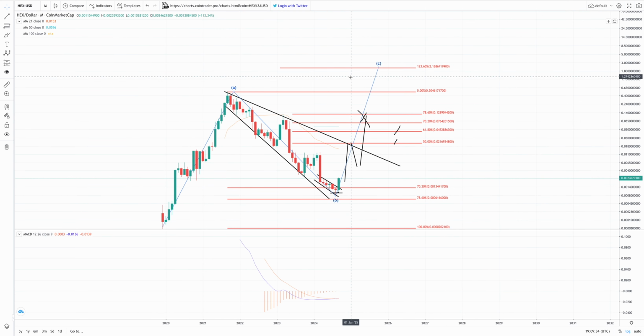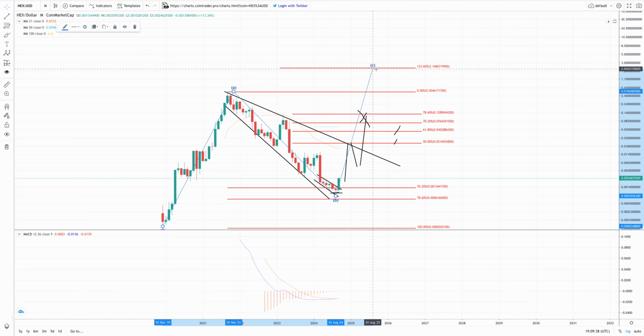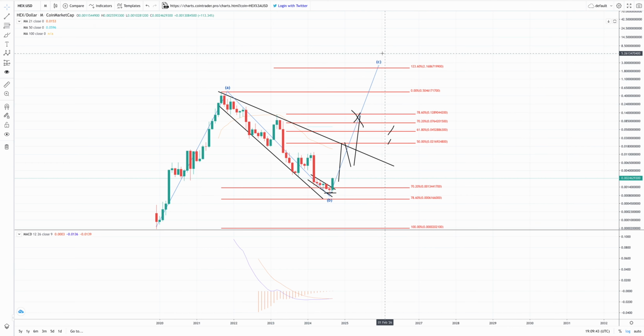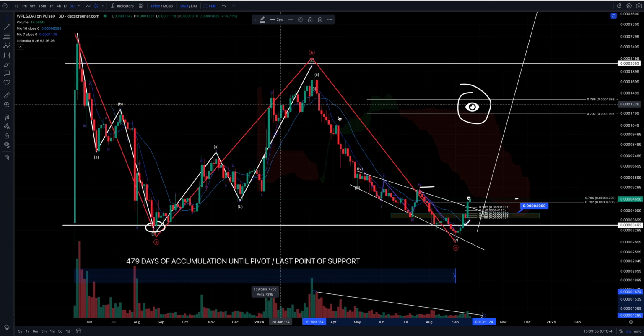That would be the most optimistic scenario, but take this most optimistic scenario with a grain of salt, because there may be a possibility that it only comes up to the Fibonacci retracements rather than make a new all-time high.